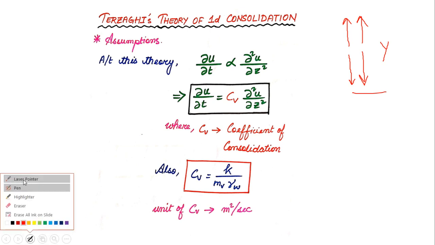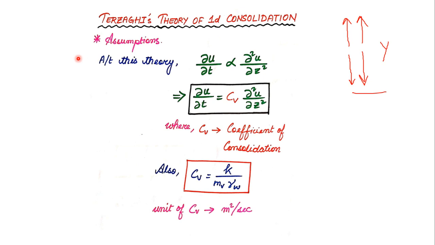Anyway, in this theory he gave some assumptions which I request all of you to study from a standard textbook. Okay, so let me get straight into the theory. According to his theory, he said that the change in pore water pressure, here u is small u, the small u denotes pore water pressure and t denotes time.